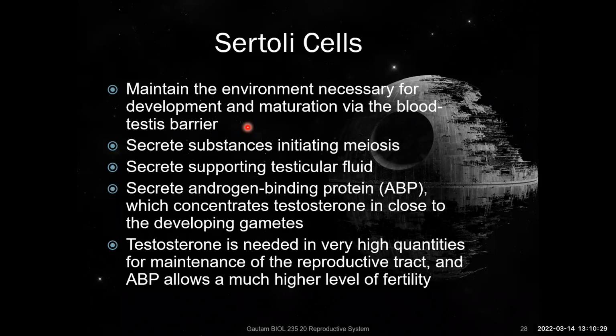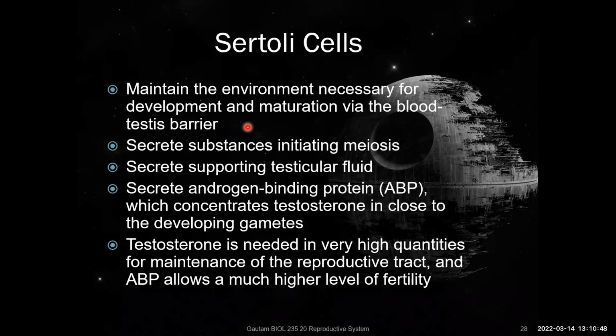Sertoli cells also secrete chemicals that are going to initiate meiosis. Remember, meiosis is the second stage, and meiosis is what's going to create those 4 haploid cells. Haploid just means cells that have half the number of chromosomes of the parent cell.